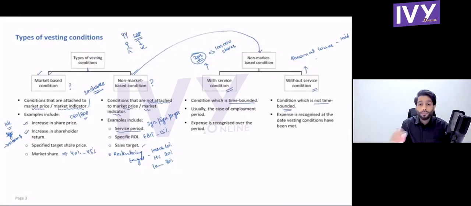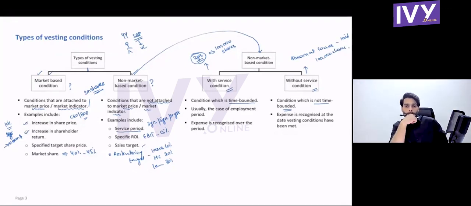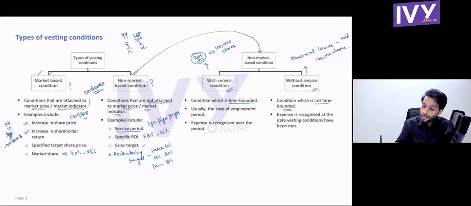Now, in this example, the other person is told about a particular vesting condition, but the time period has not been defined. All right. So, as and when the abnormal losses have been reduced and the target is met, he will be given shares at that date, which is not known yet. That will be the vest date.